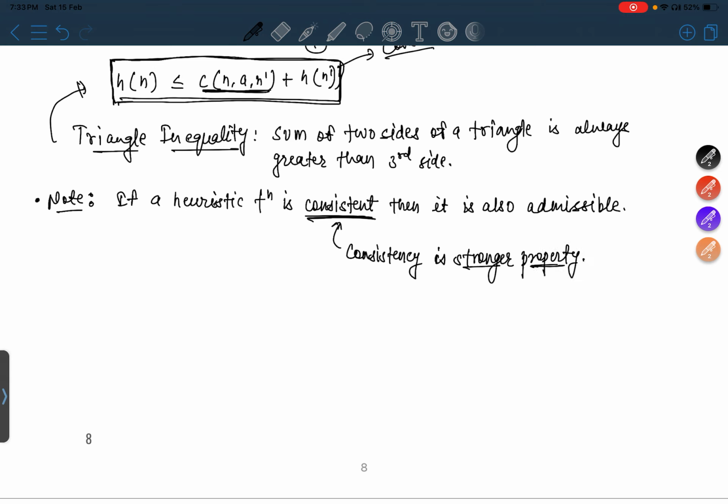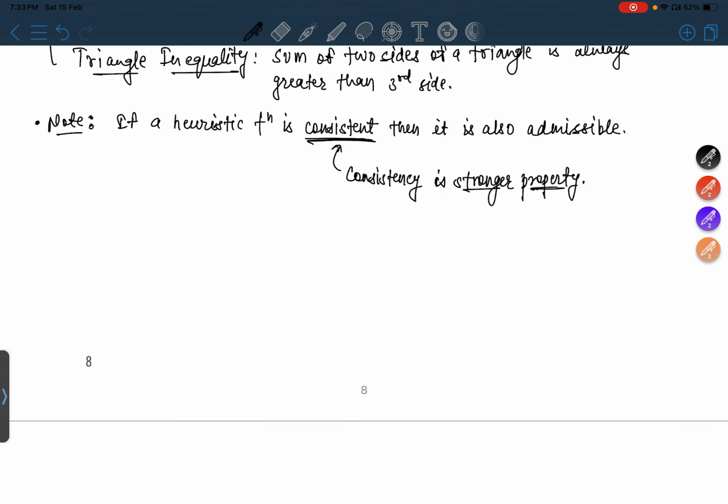Okay. So for A star to be optimal, a heuristic function h of n should be consistent, h of n should be admissible, and consistent.